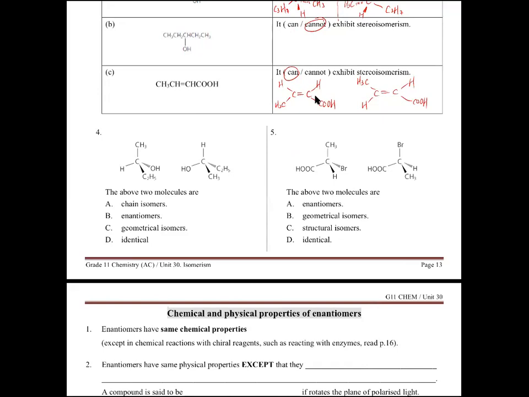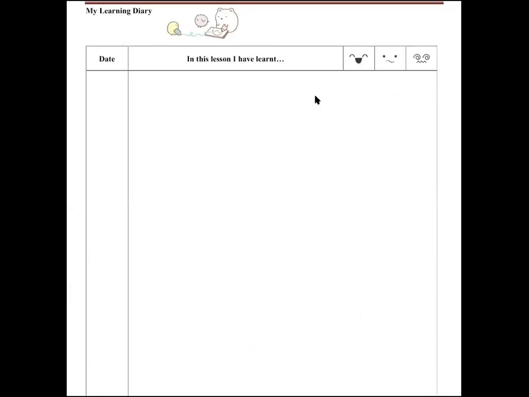For this one, you can see we have 2 different molecules. So how do we know whether they are identical or enantiomers? First, I want you to start a new page, or you stay on that page while I turn to a blank page to explain it.